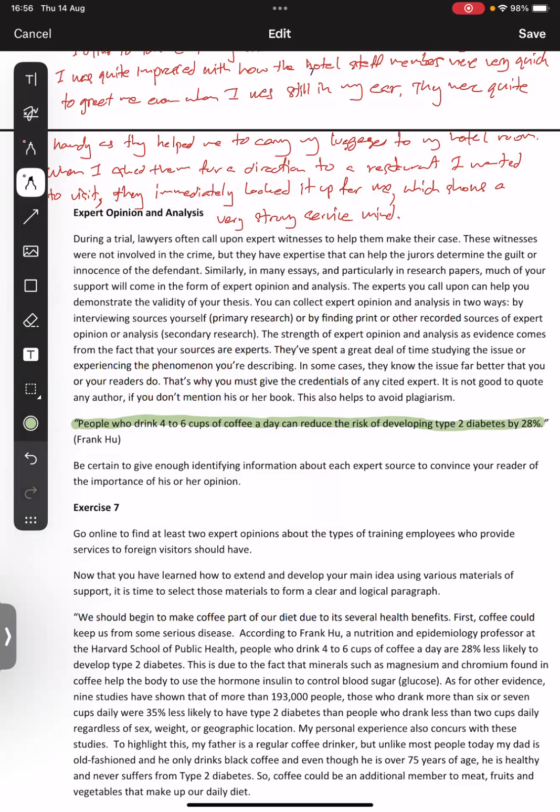Now, if you don't know who wrote this, the value of this statement is probably zero. But if you know who that statement comes from, Frank Hu, for example, and who is Frank Hu? Frank Hu is a professor working at the University of New York. And so he's an expert right here.